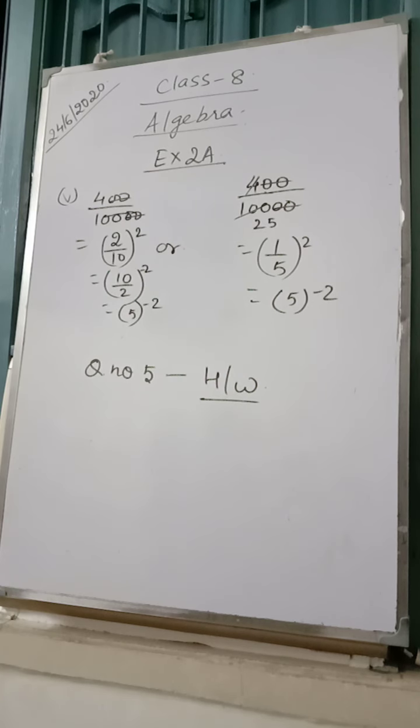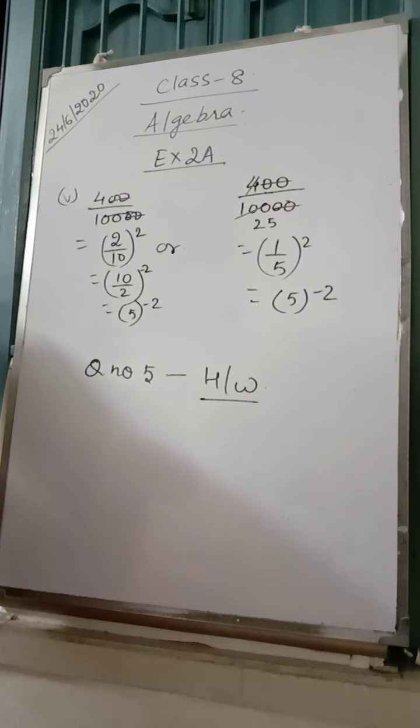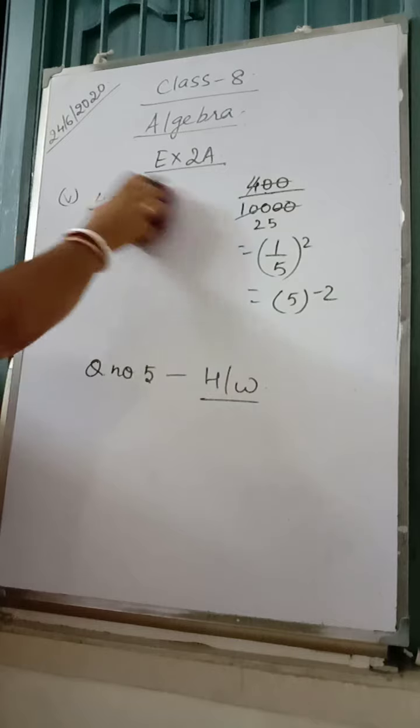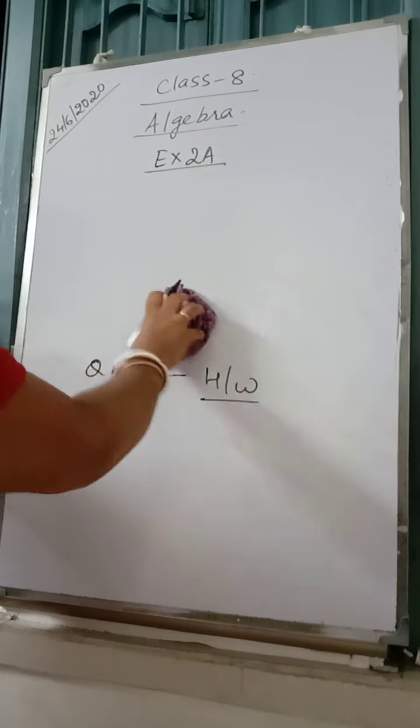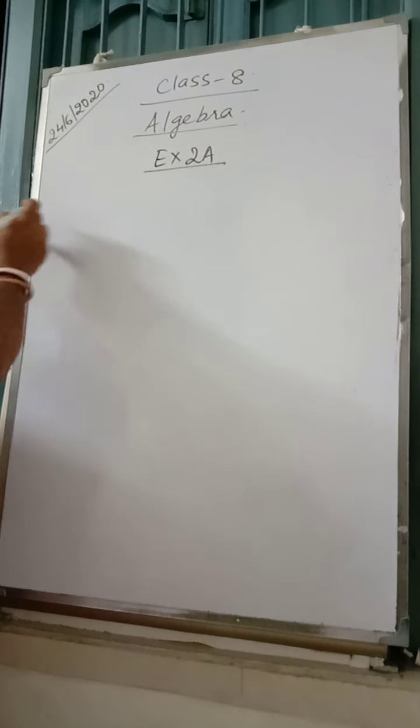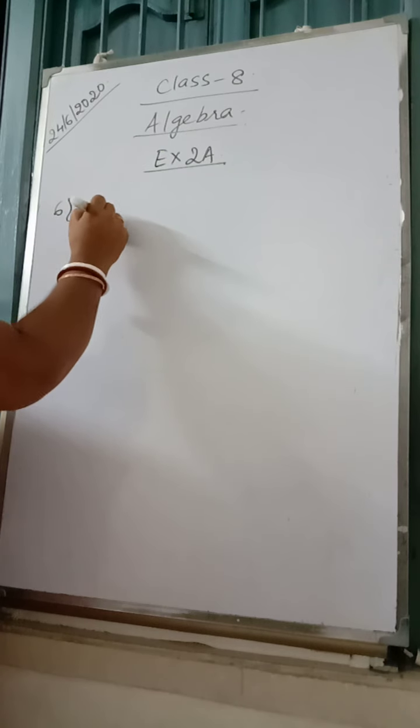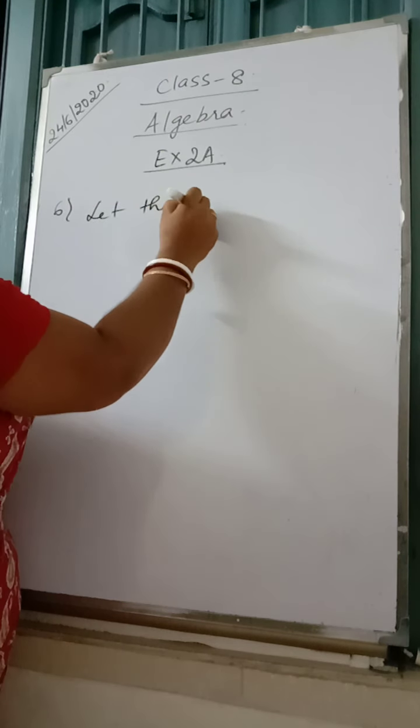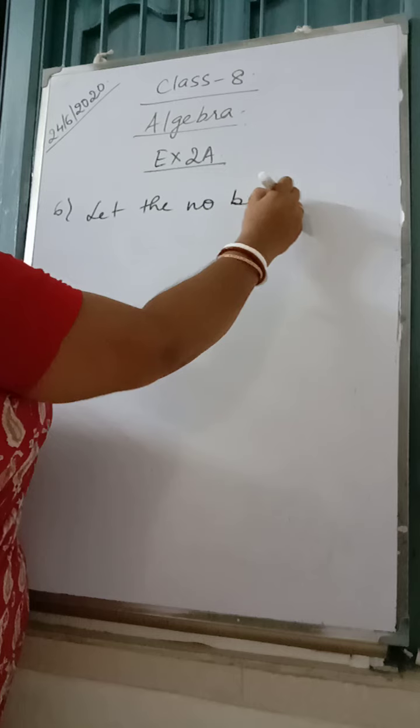Now question number 6, you see, it says by what number should 4 to the power minus 3 be multiplied to get the product minus 8 to the power minus 4. Now, what we are going to do, let the number be x.